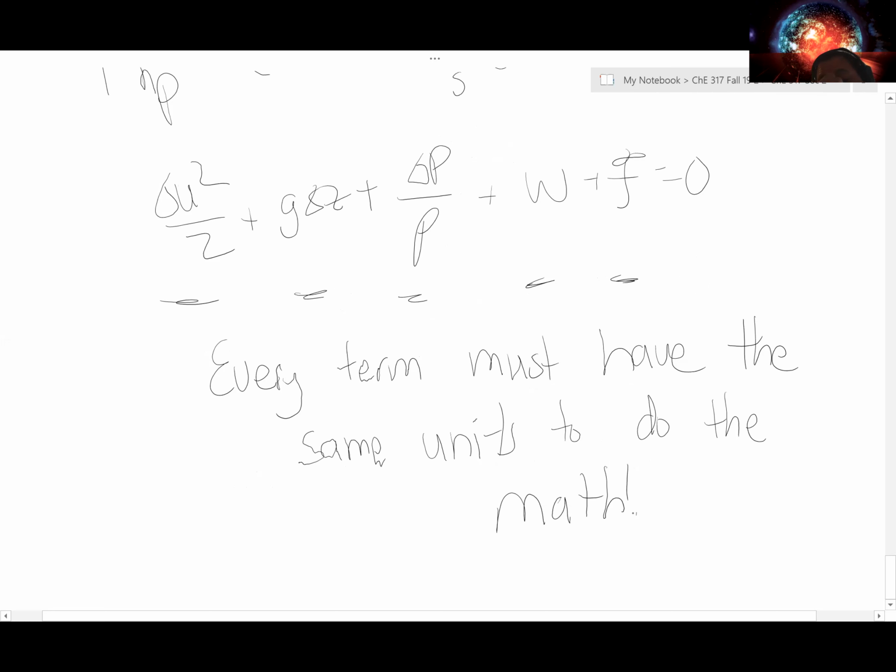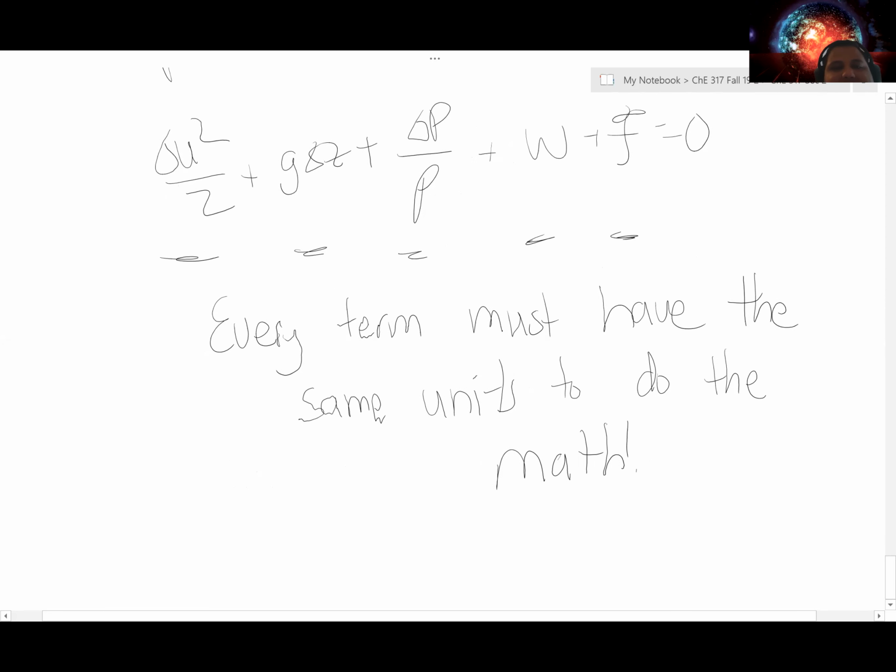It sounds silly, but you'll be surprised how many times you're doing homework and you have PSI in one term, feet in another term, feet per second, and it gets messy.